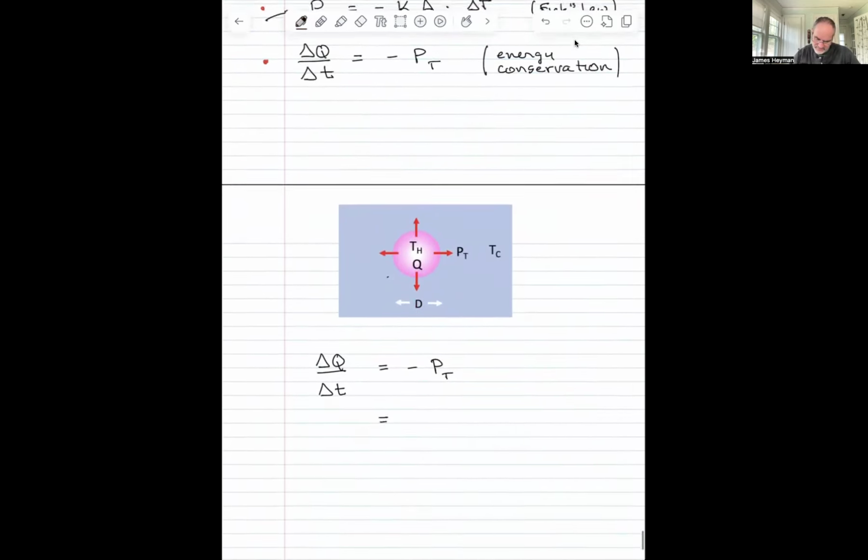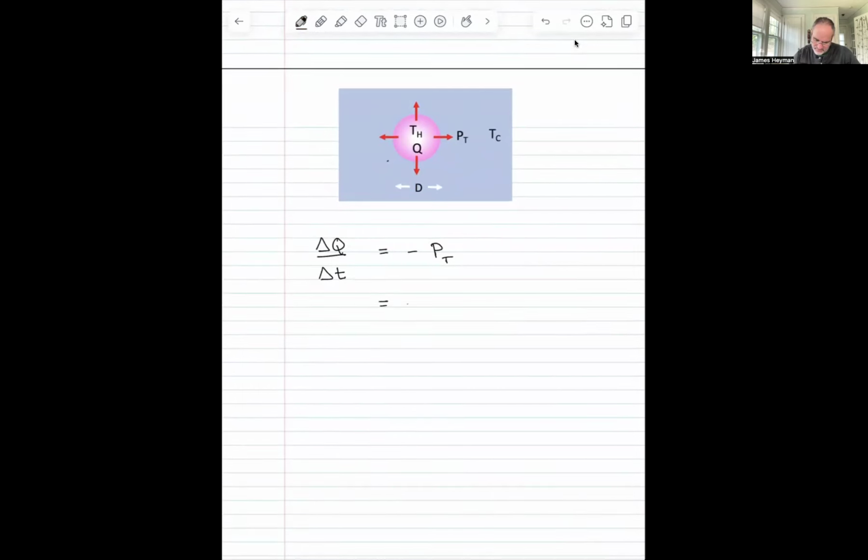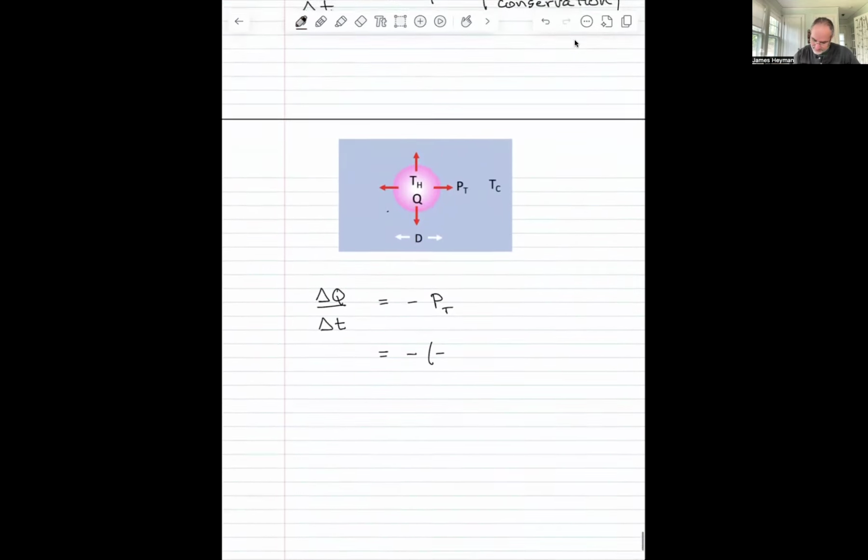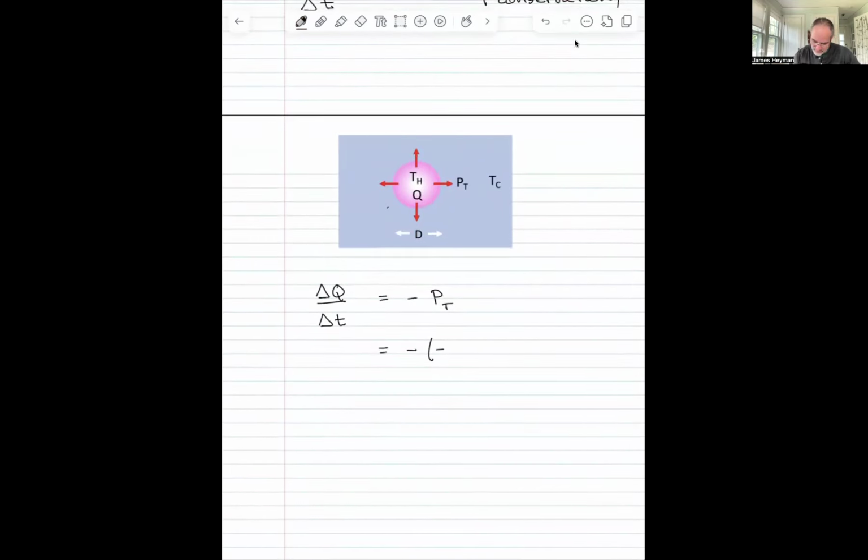So we can write that as minus the thermal conductivity times the area times the change in temperature with position.